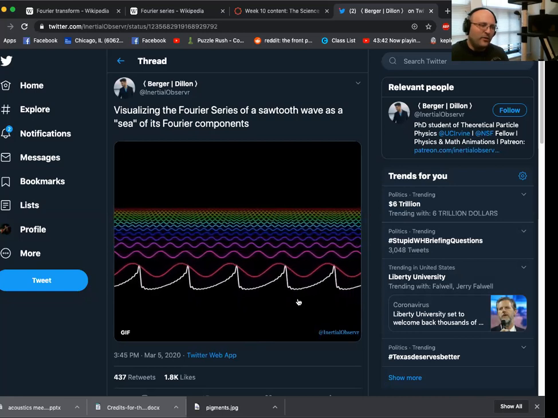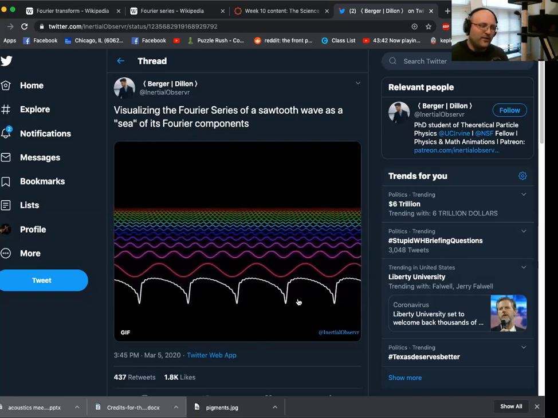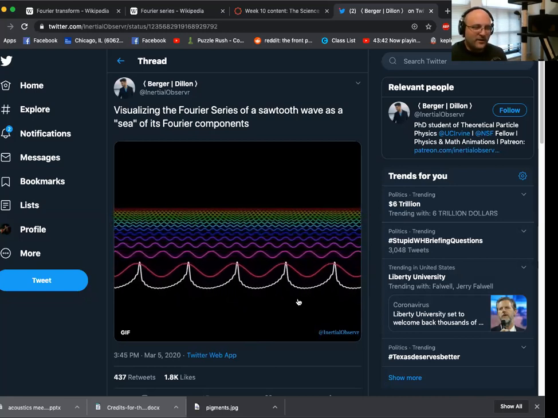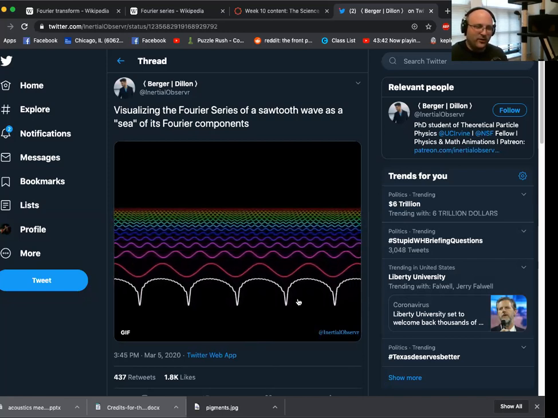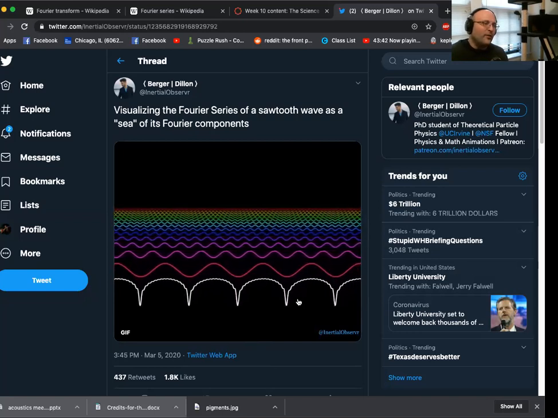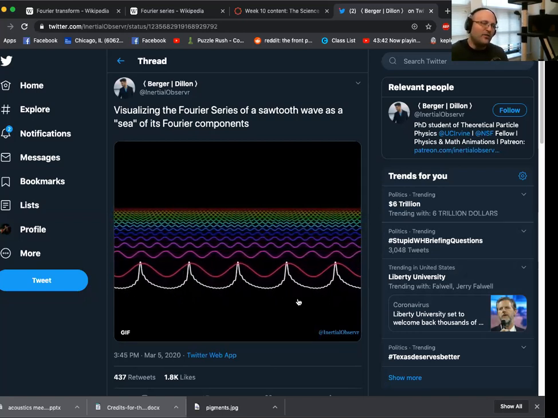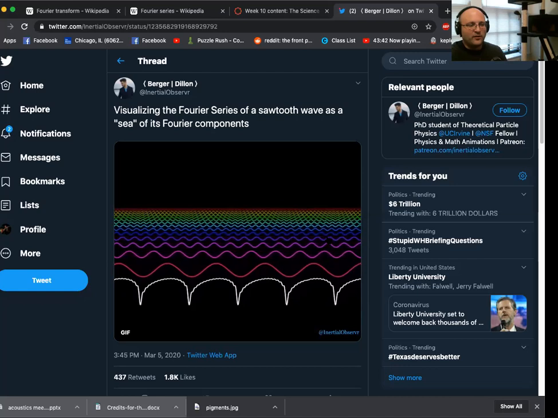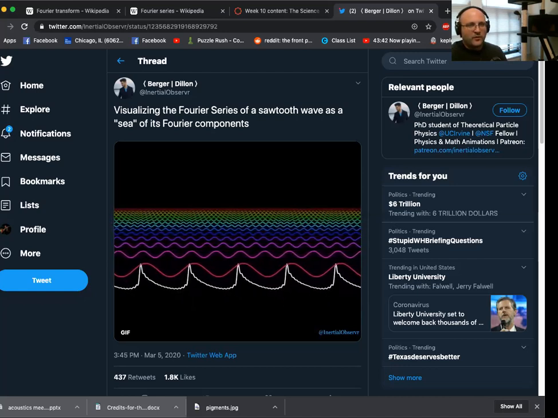So we can always shift the phases of these things. And then there are intermediate cases where you get more like spikes. You don't get a saw wave at all, really. So how you phase shift the pieces matters a little bit for what your final waveform is going to be.